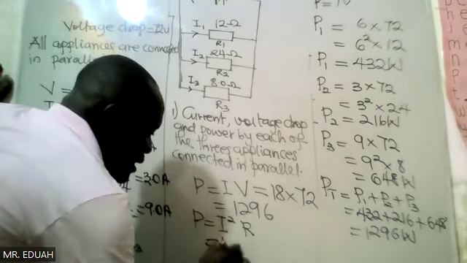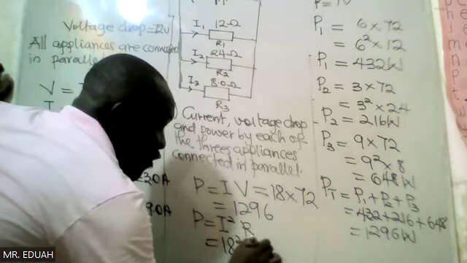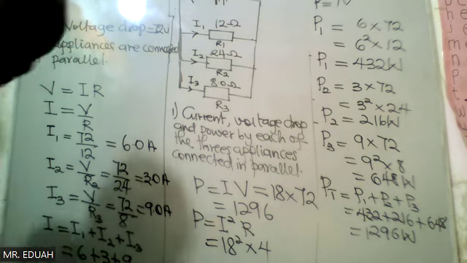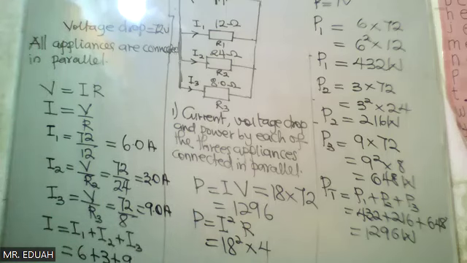So let's confirm 18 squared times 4. 1296. So the same results.